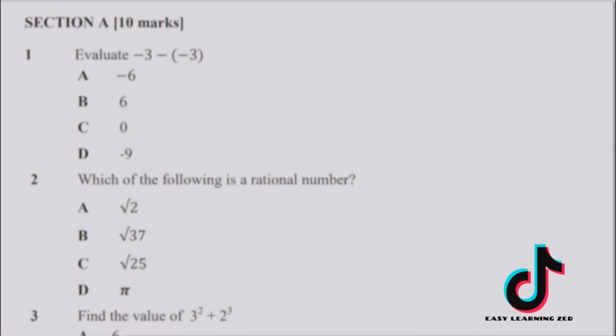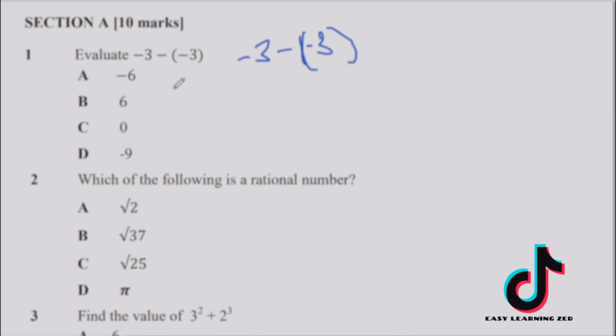Okay, so we come to section A, and the first question is evaluate -3 minus -3. So what we're going to do now here is we're going to write -3 minus -3, we cross bracket. Remember, this is the bracket we have crossed.